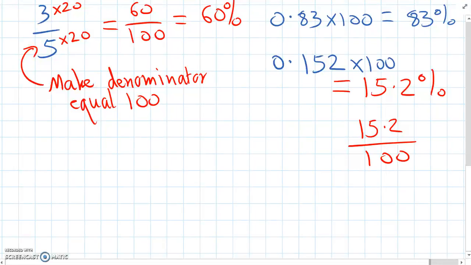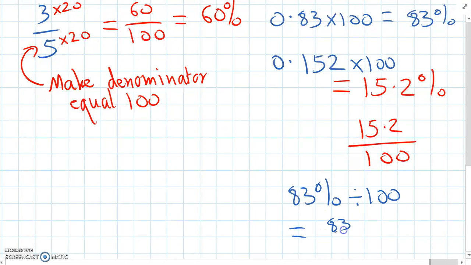If we want to go back from a percent to a decimal, so if we had 83%, we just need to do the opposite operation. So the opposite of times 100 is divide by 100.